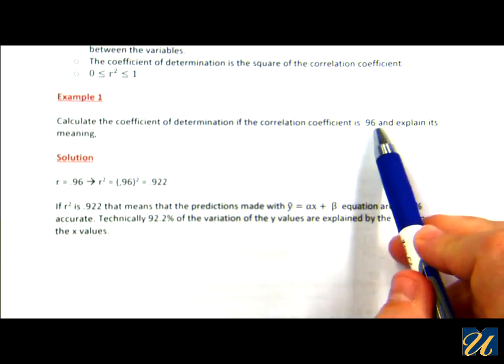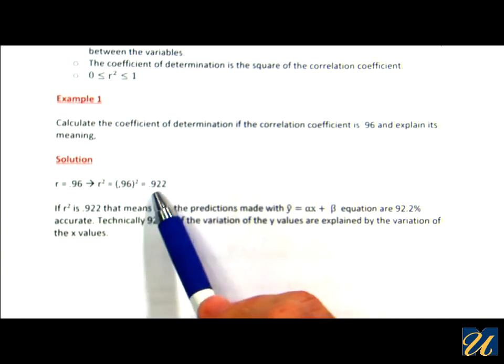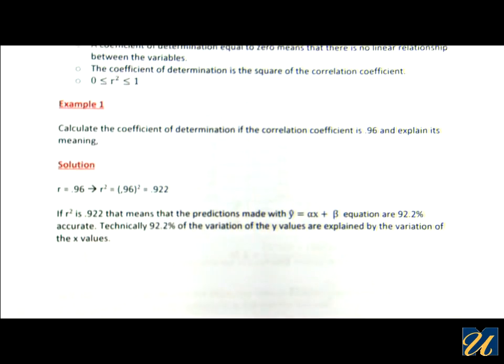And if we want to calculate the coefficient of determination, if the correlation coefficient is 0.96, all we need to do is square 0.96, and we will find that r squared is equal to 0.922.